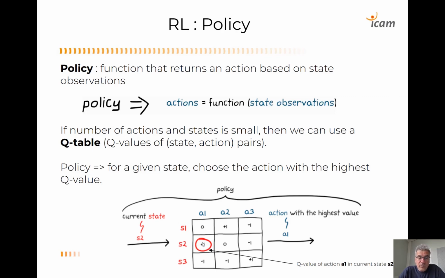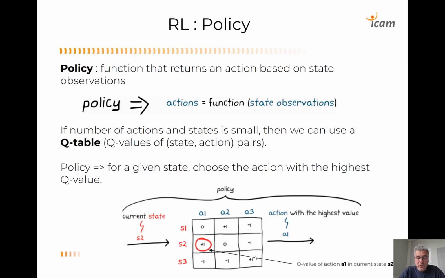Next we will perform A1, and maybe A1 drives the agent to a new state, for example S3. So now we are on S3. We have the choice between A1, A2, and A3, but the policy says that you must choose the action which has the maximum Q value.